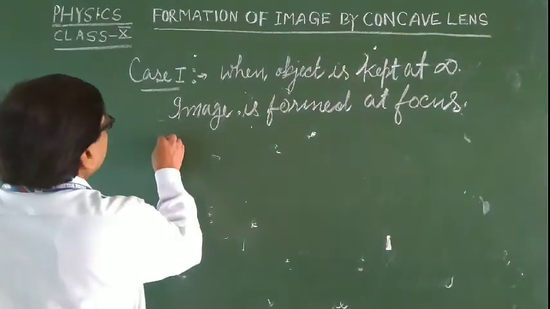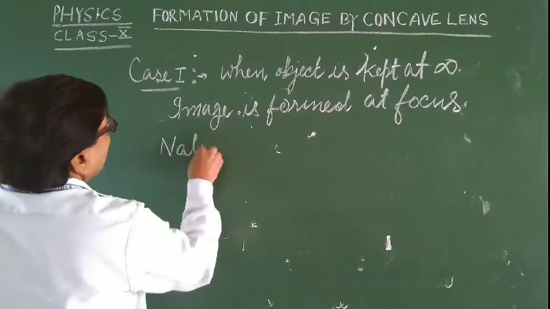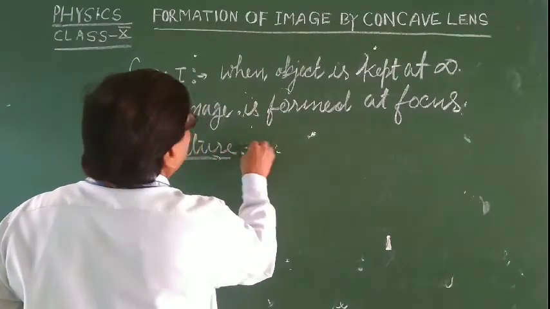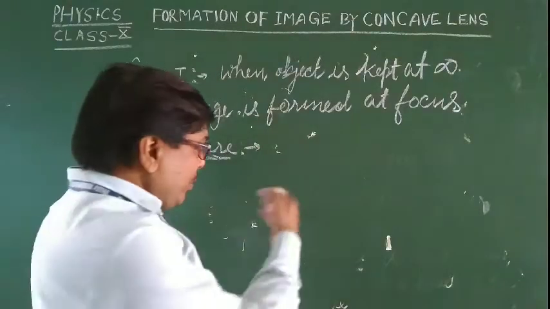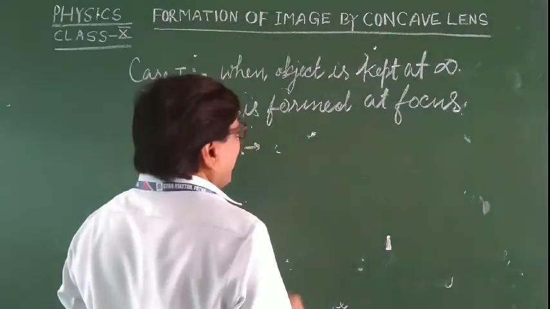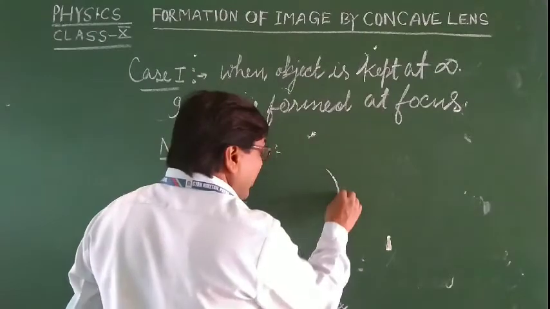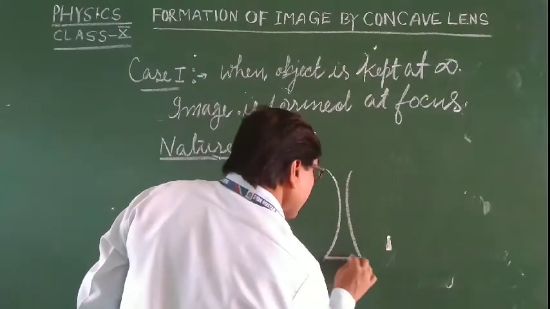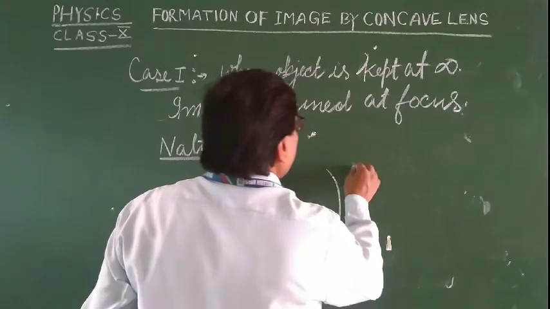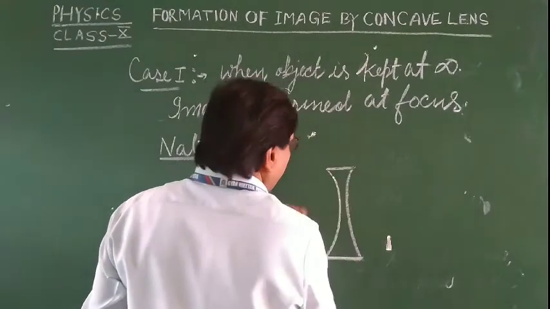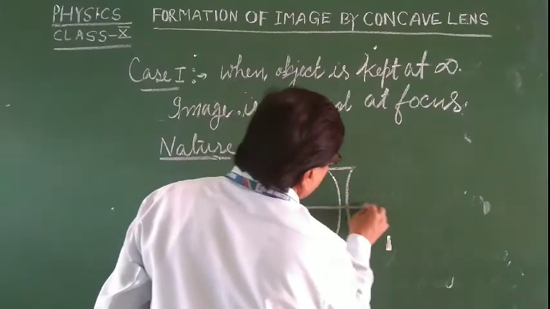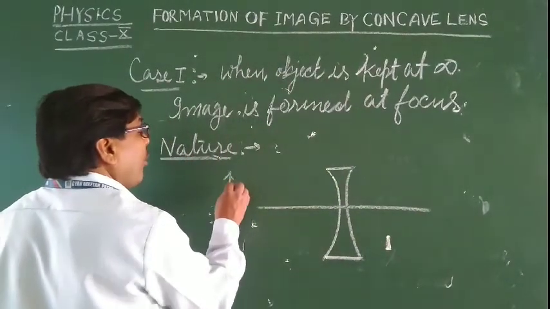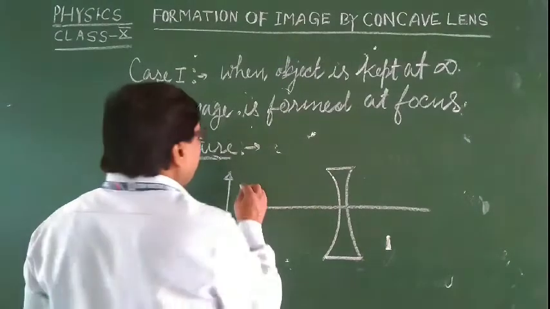So what will be the nature? We will see by drawing the ray diagram. This is a concave lens, and an object is kept very far away, like infinity.